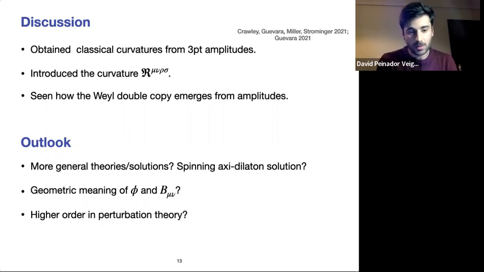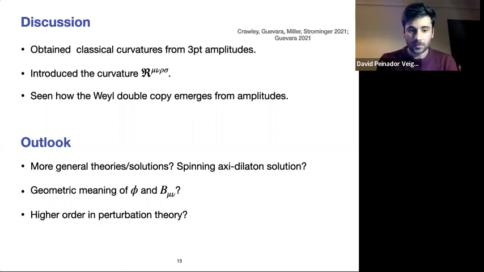There are a couple of things that we could do from here. For example, it might be interesting to try to generalize this to other theories or get more general solutions. In the paper, we also looked at heterotic gravity. And it'd be interesting to explore these spinning axi-dilaton solutions that we got, because there are not many known in the literature.